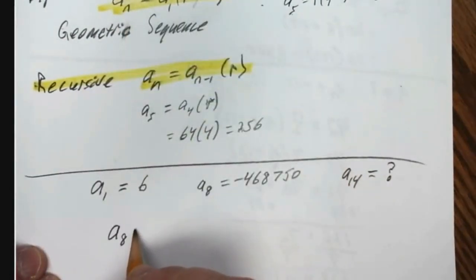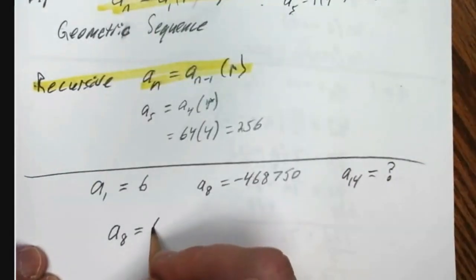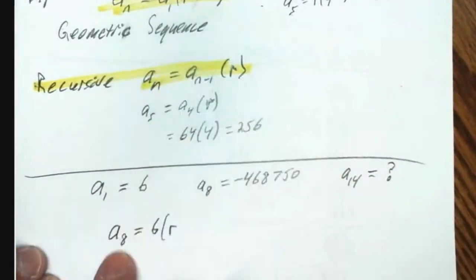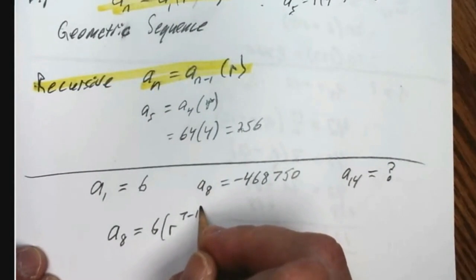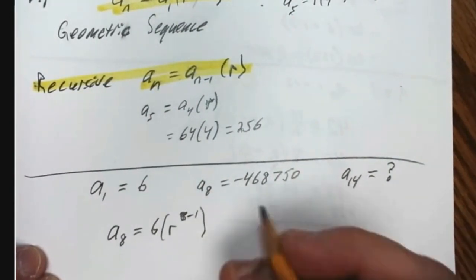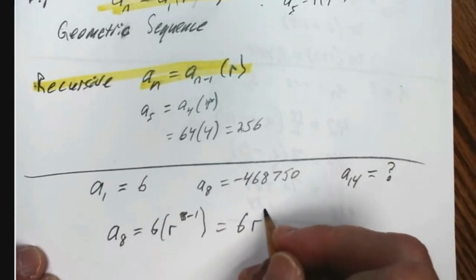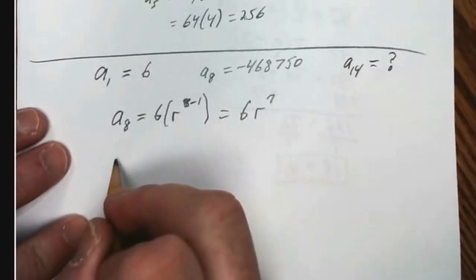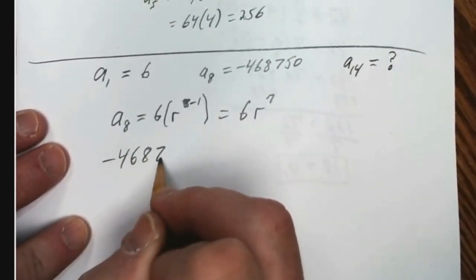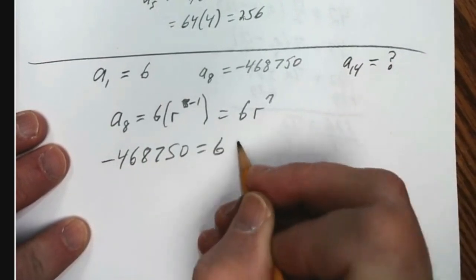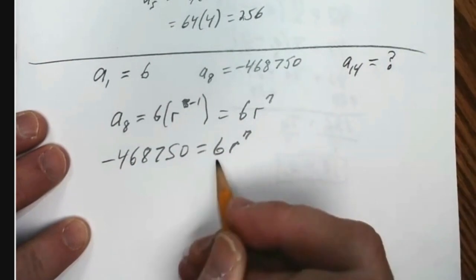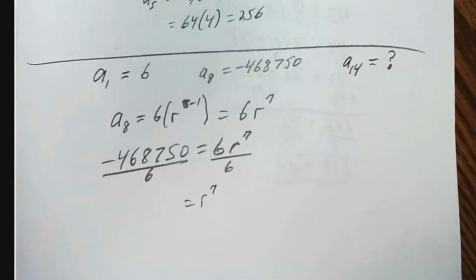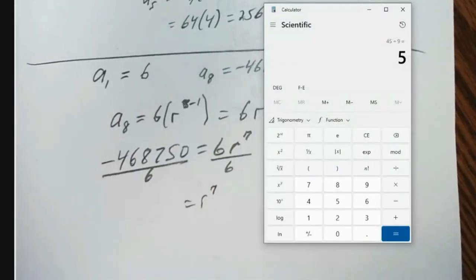A sub 8 equals A sub 1, which is 6, times r to the 8 minus 1, which is 7. So 6 times r to the 7th, and A sub 8 is negative 468,750, so negative 468,750 equals 6 r to the 7th. Divide both sides by 6, and that's going to be r to the 7th power.